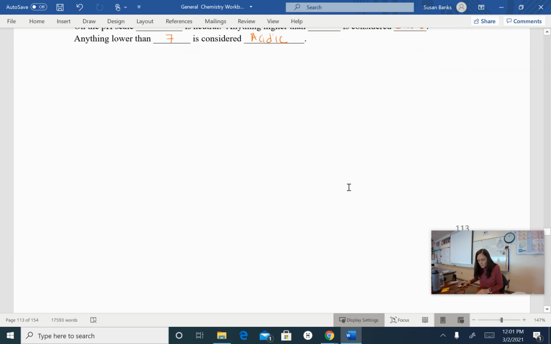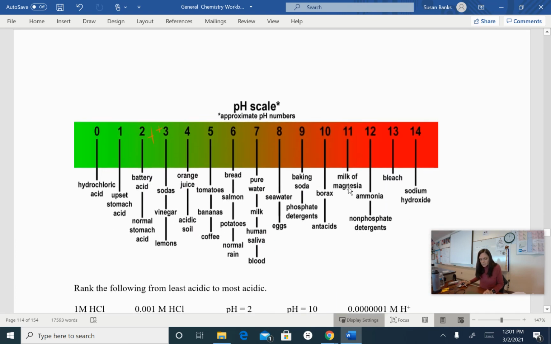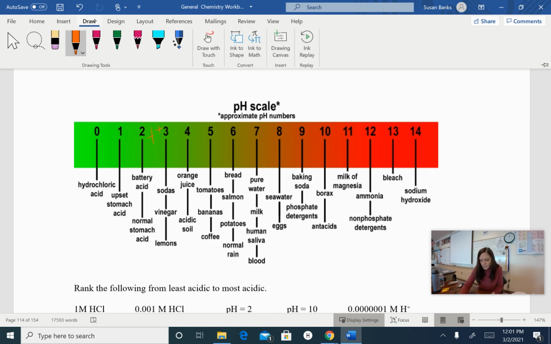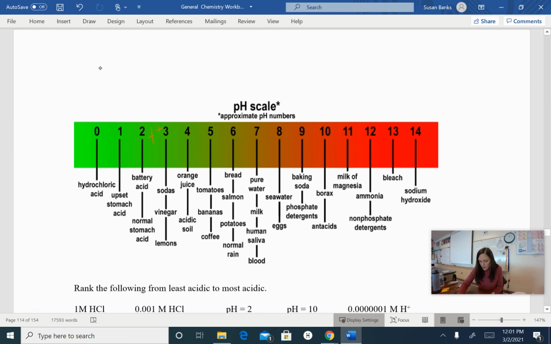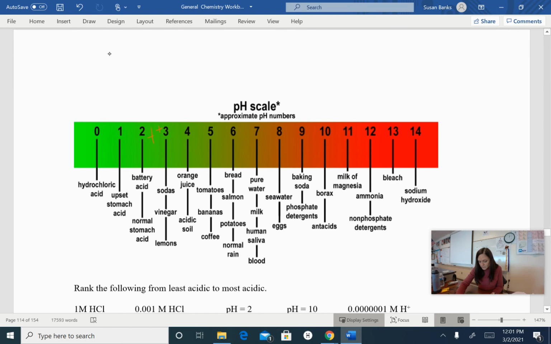Okay, so let's look at this pH scale. Here's a pH scale with a couple of different things on here. We have our scale going from 0 all the way up to 14. We have hydrochloric acid at 0 and sodium hydroxide at 14.